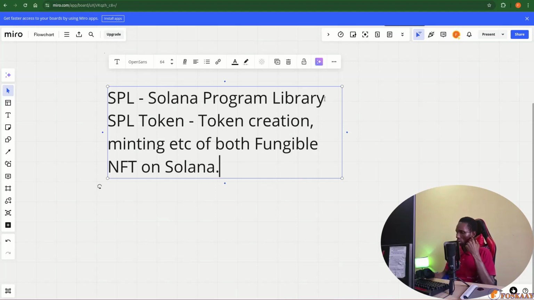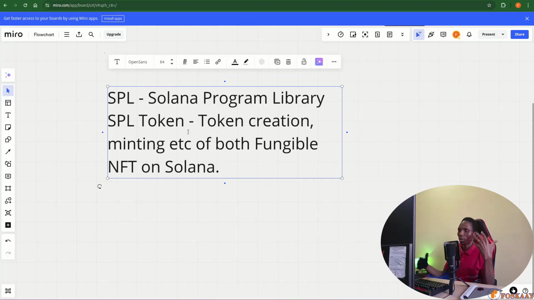So what this means is that SPL actually consists of multiple programs, and each of them performs different things. But when you are talking about SPL token, you are talking about the specific type of SPL program that is focused on token. And that could include token generation.